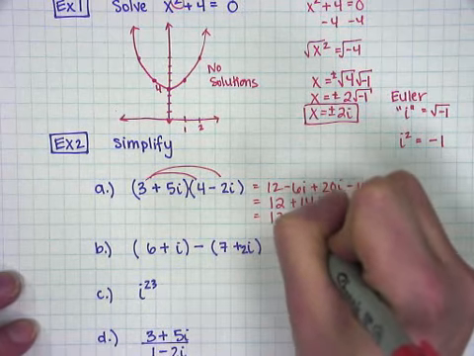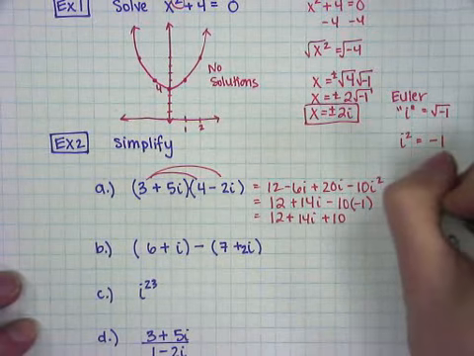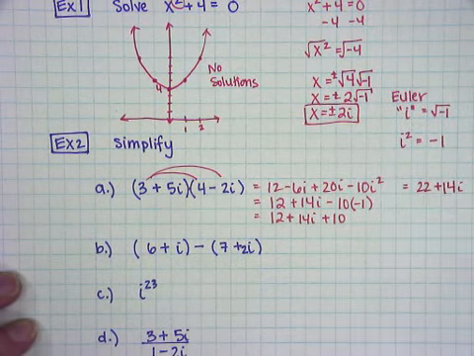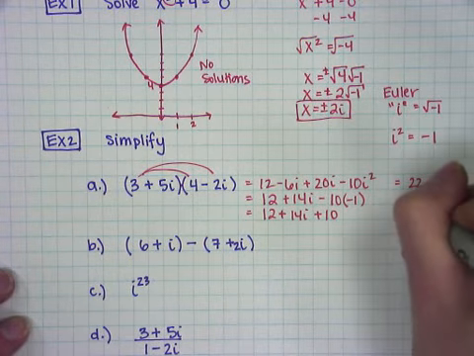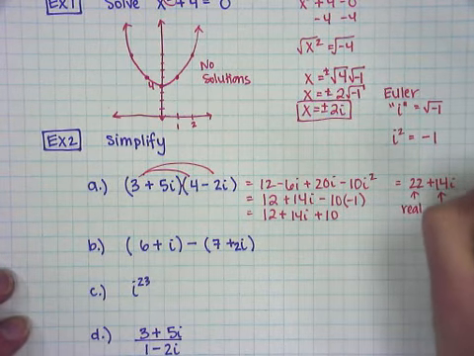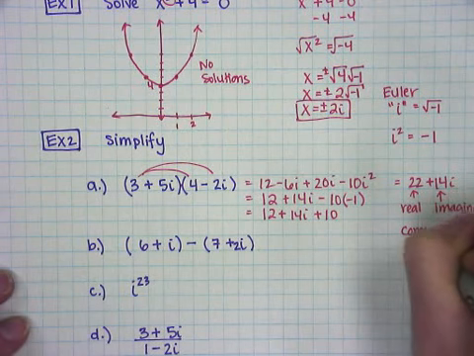So 12 plus 14i plus 10. And then 12 plus 10 gives me 22 plus 14i. Now in a problem like this, the 22 is the real part, and the 14i is the imaginary part. And together, these two pieces are called a complex number.